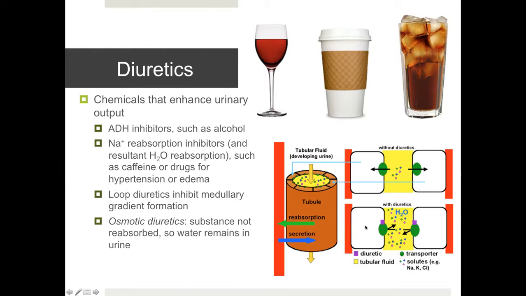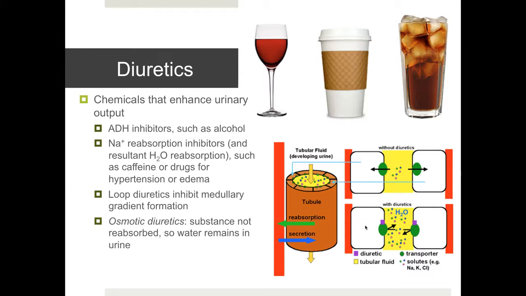So now we're going to talk about diuretics, and all of us consume diuretics at one point in our lives. These are chemicals that enhance our urinary output, aka making you use the bathroom more. What this does is it inhibits ADH, so it's going to stop the reabsorption of water.